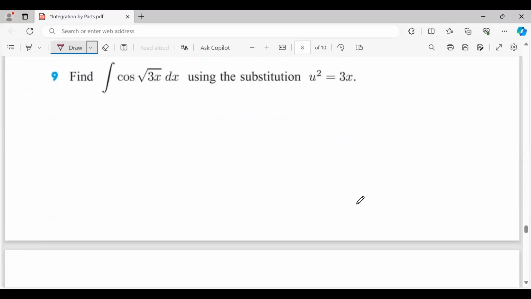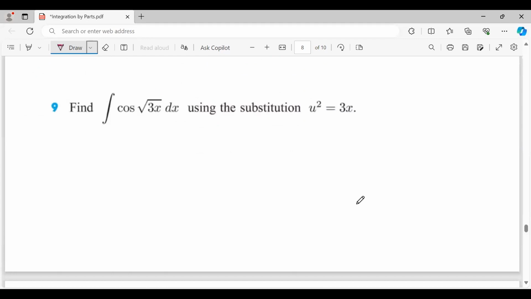That's next, question 9. Find the integral of cosine square root 3x dx using the substitution u squared equals 3x.